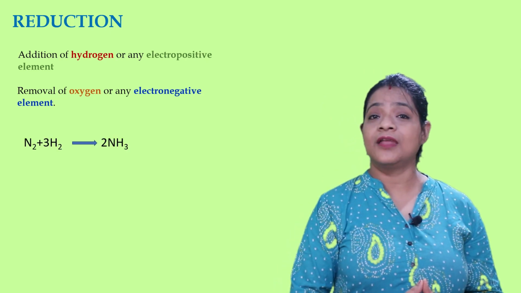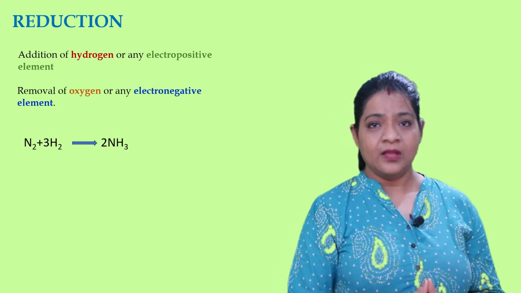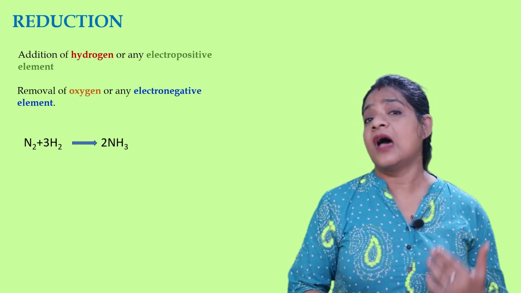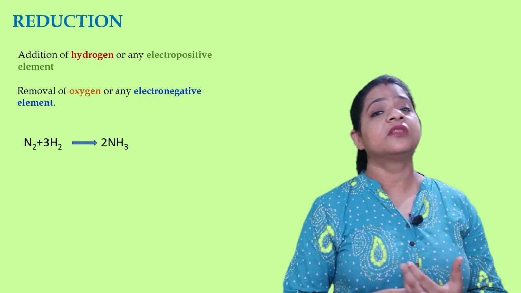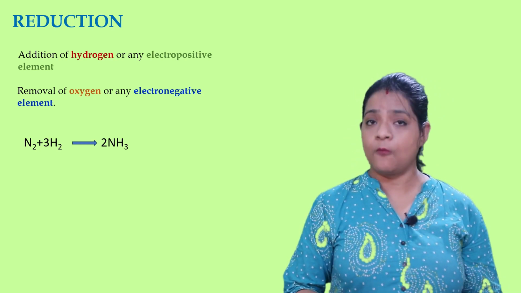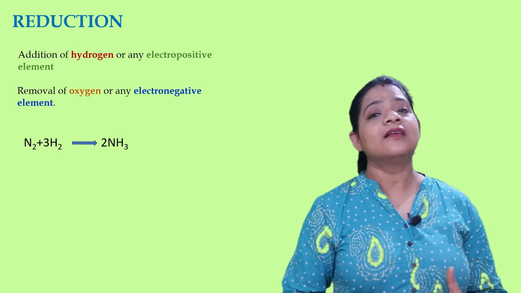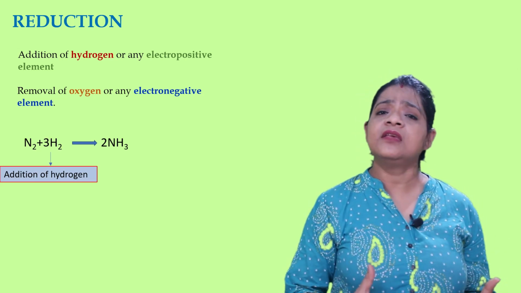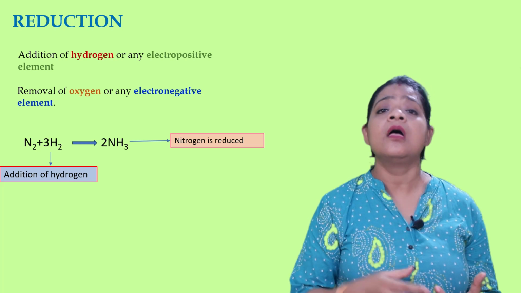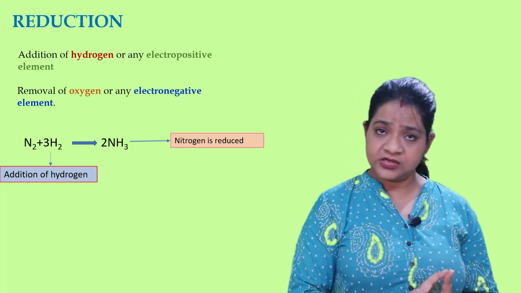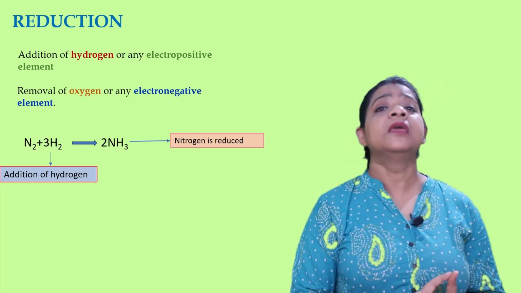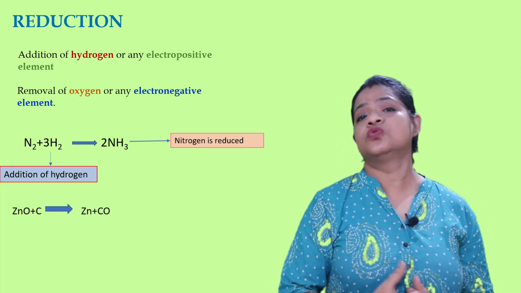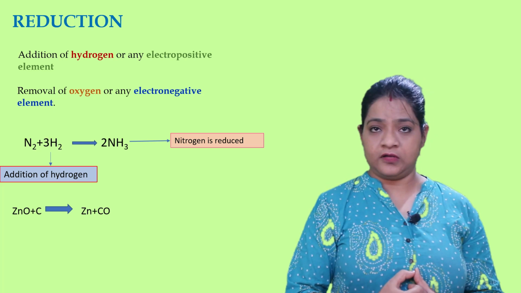So let's look into some examples of reduction reaction. When nitrogen combines with hydrogen to produce ammonia, that is N2 plus 3H2 gives 2NH3, hydrogen is being added to nitrogen, means nitrogen has been reduced due to the addition of hydrogen.